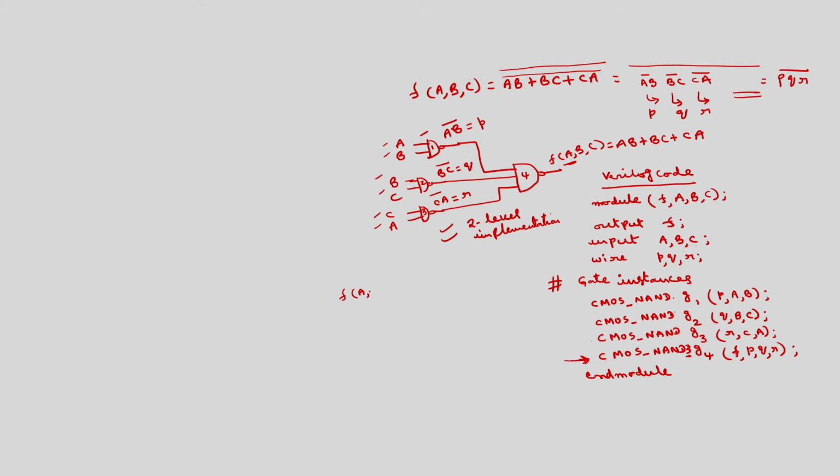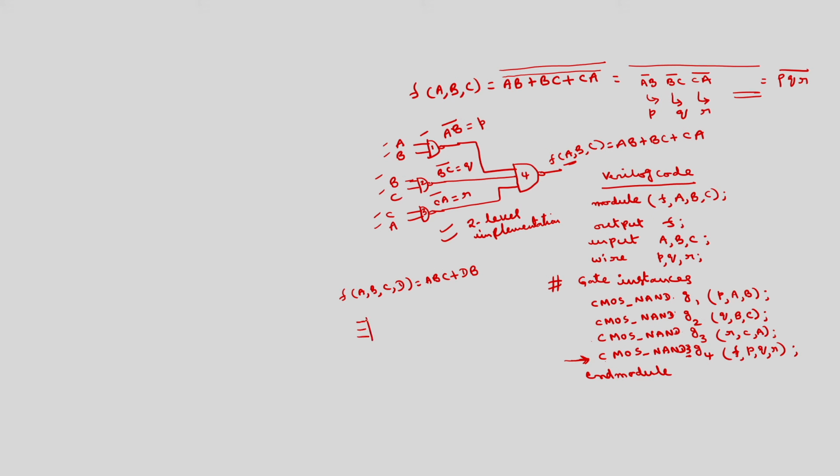For example, f of A, B, C, D equal to ABC plus DB. If you want to implement this, you first write the 2 level AND OR operation.